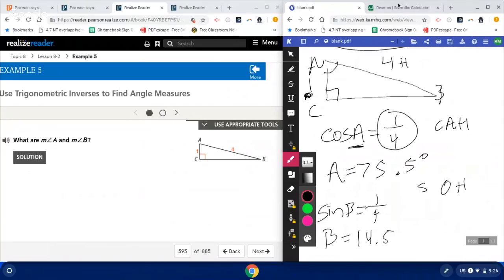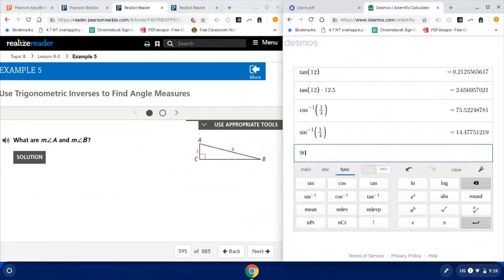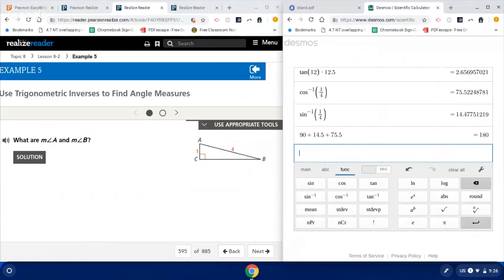Let's try that. So 90 plus 14.5 and 75.5. That should equal 180, and it does. Okay, so that gives us confidence that we did that problem correctly.